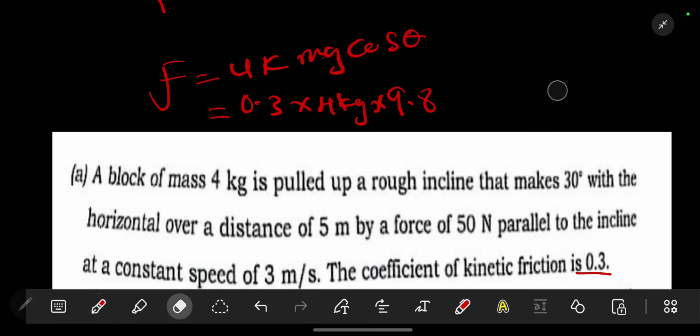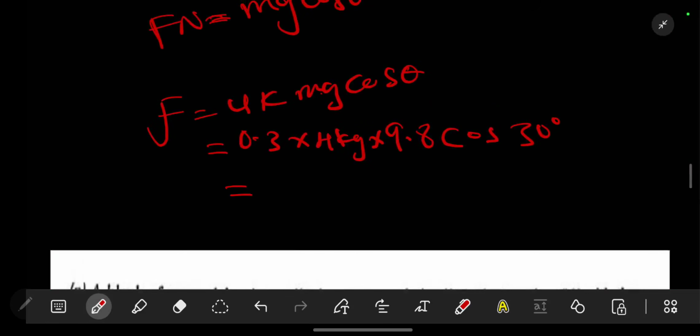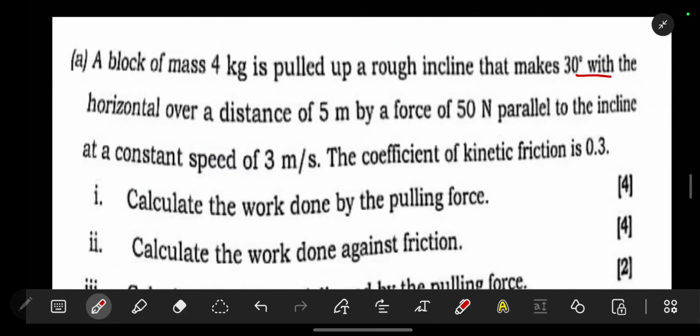The angle attached to mg is the angle of inclination, which is the cosine of 30 degrees in this case. So 0.3 times 4 times 9.8 times cosine of 30 degrees gives our frictional force as 10.184 newtons.